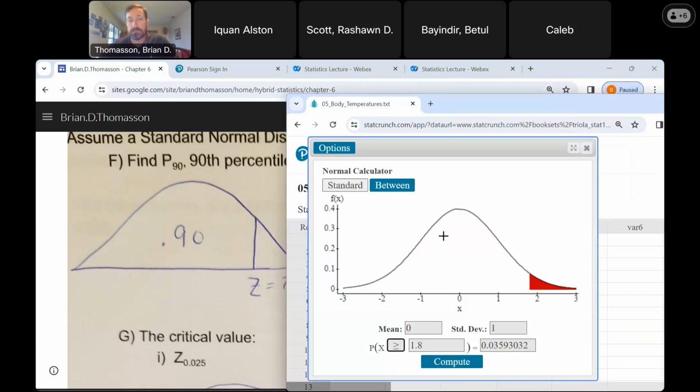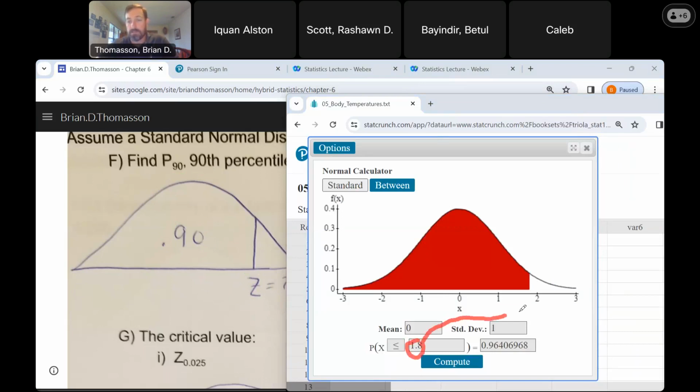Okay. So for instance, let's just use this example of the 1.8. The 1.8 is just our cutoff value here, the outside value. The 0.964 is the area of this red region. Now what we're looking for is what Z value does 90% fall below. So we want this red area here to be 90%.